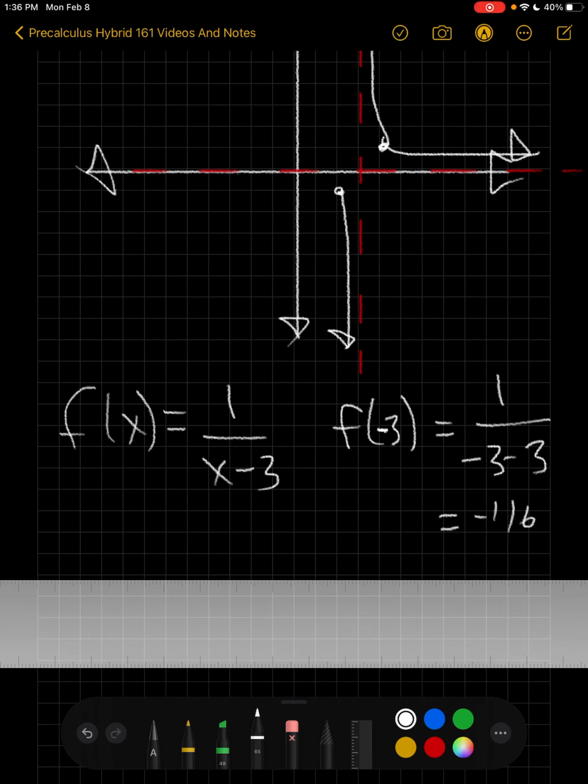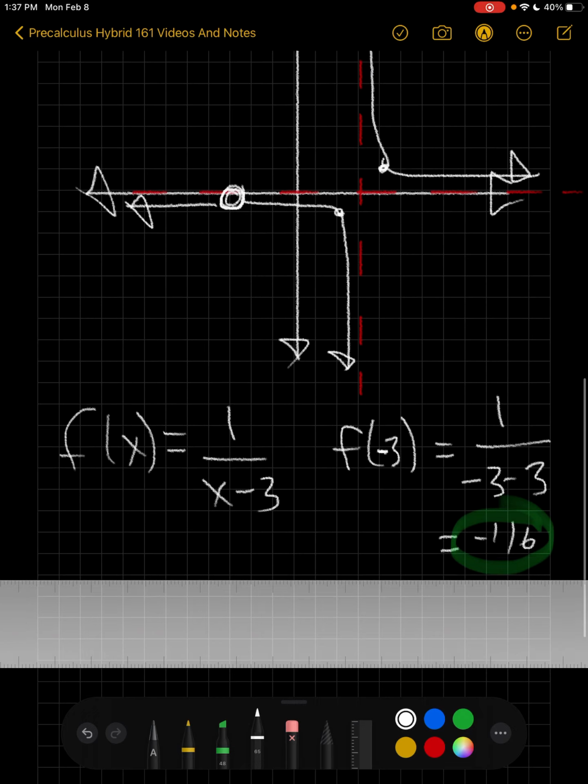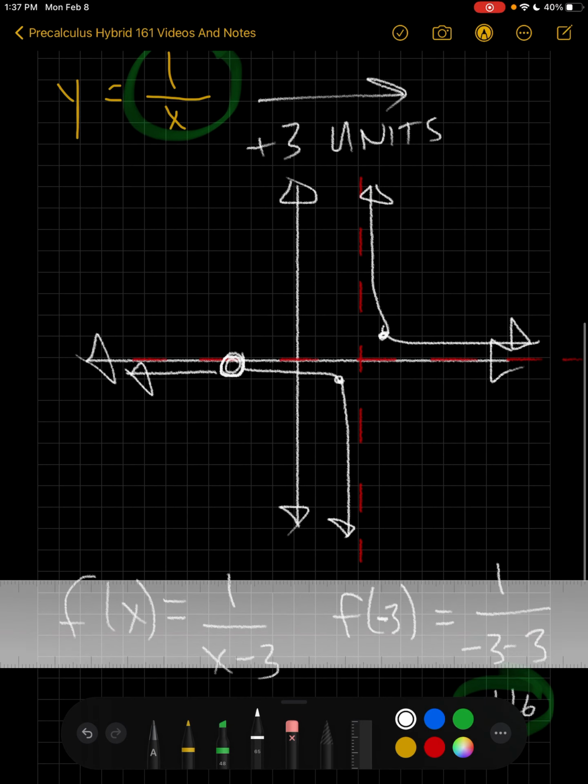Just an estimate here, as I can't really draw. And you draw this little circle. And what that says is, look, our function is close to that value of negative 1/6, but we have a removable discontinuity that we removed there. That's the notation. That's how you show a removable discontinuity at that point. And then you just draw the rest of your graph like that. And that's how you would graph this function with a vertical asymptote and removable discontinuity.